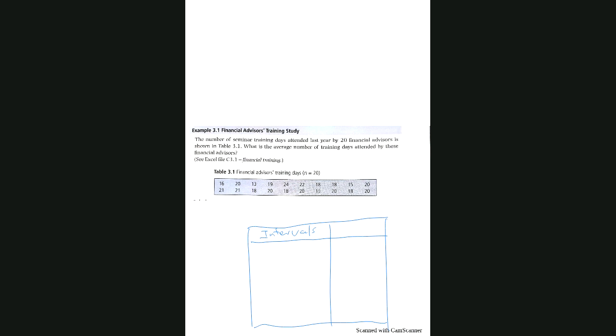Then you have a column labeled frequency. The frequency column is basically telling you the number of occurrences, or the number of times that you'll find a value that falls into this interval. Here, remember you have 20 values in total. Your sample size is 20.